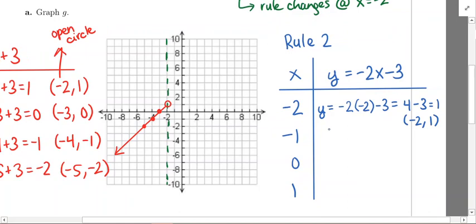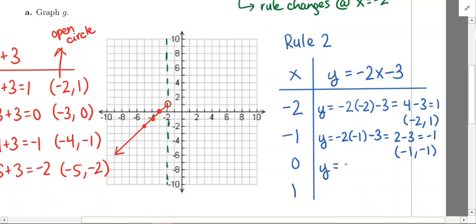And then we'll move on to x equals -1. So y is -2 times -1 minus 3. -2 times -1 is 2, minus 3 is -1. So if x is -1, the y value is also going to be -1. And then we'll plug in x equals 0.